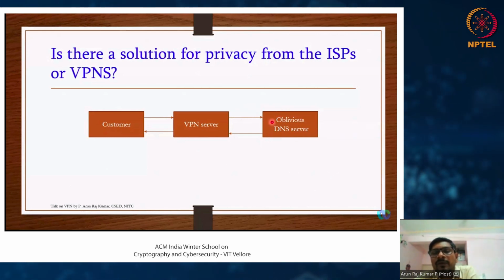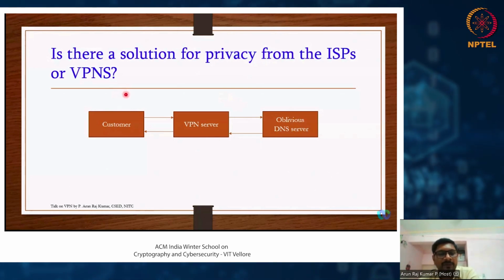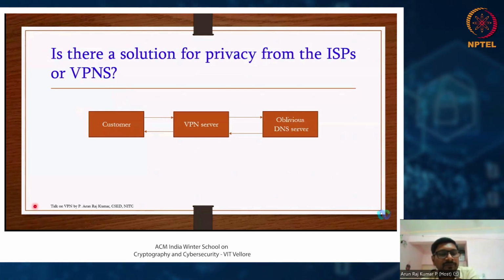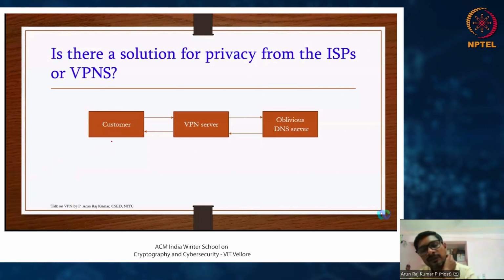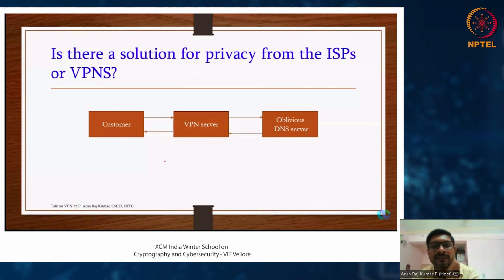What is meant by an oblivious DNS server? It is actually two times of encryption. Let me give you an example. Suppose you have a message. This message is encrypted with K1 first, then it is encrypted with K2.